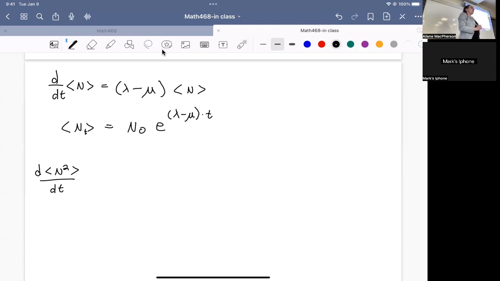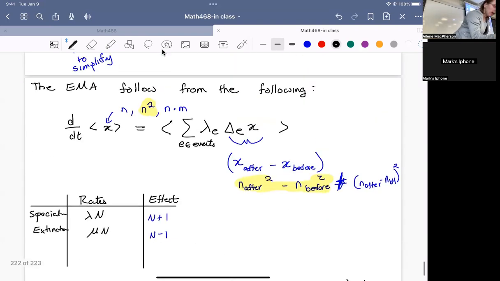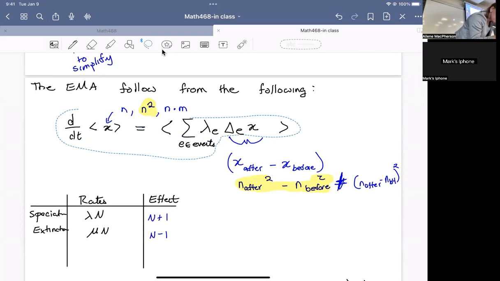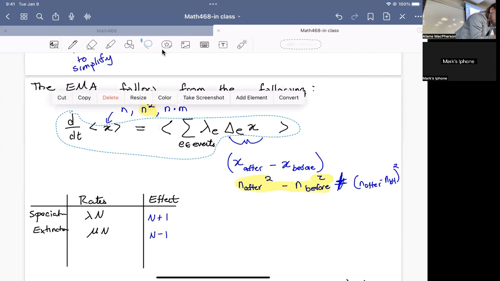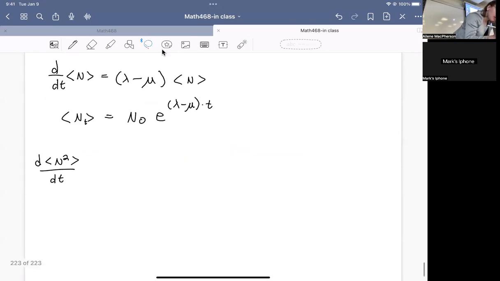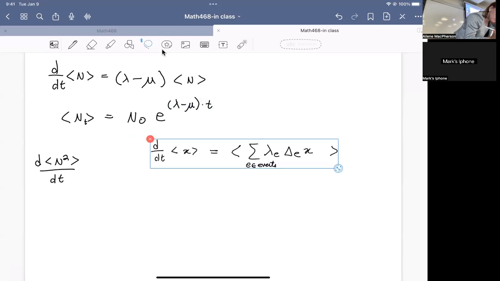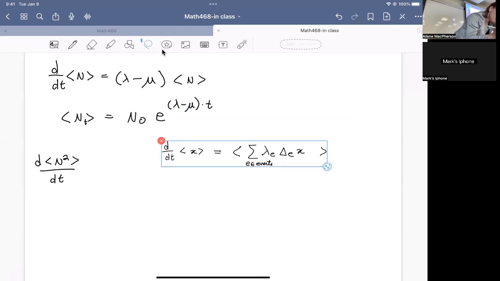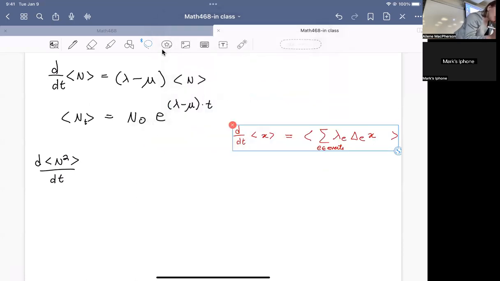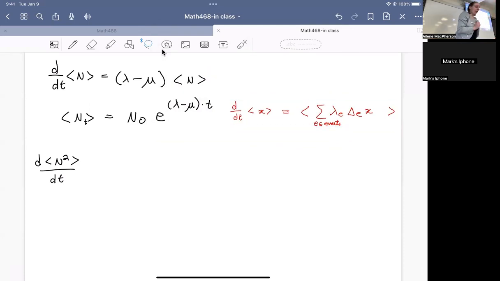So I want you to keep that equation in mind that we had right here. So let me try to extract this equation. So this is our focal equation that we have to follow.